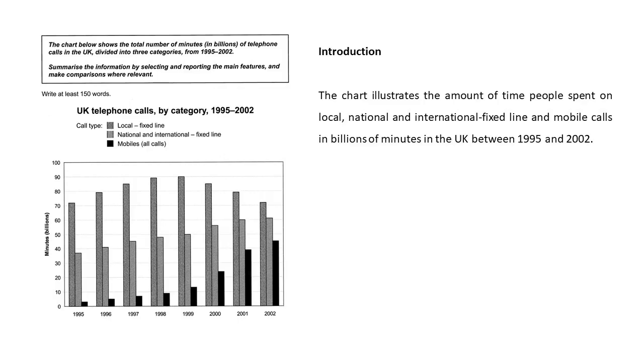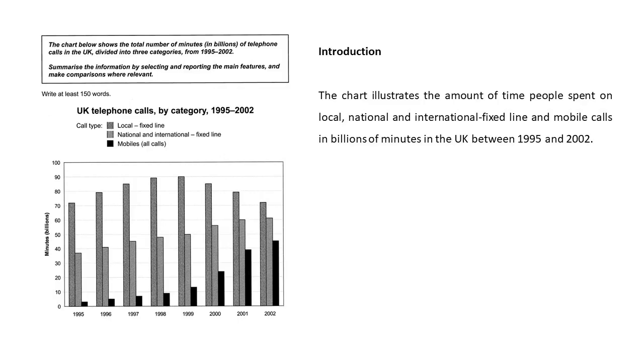It peaked, and then from this point, fell away. Time on local calls began to decline and ultimately fell to its starting figure at slightly over 70 billion minutes in 2002. Really simple. Beginning figure, I gave them all actually. Top one went up, then it went down, closing figure.